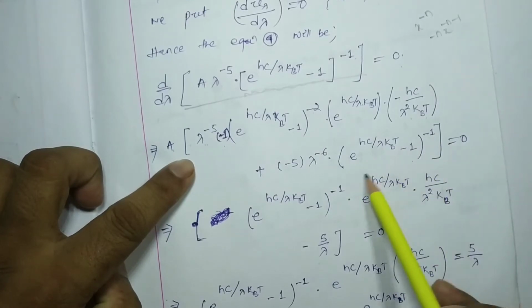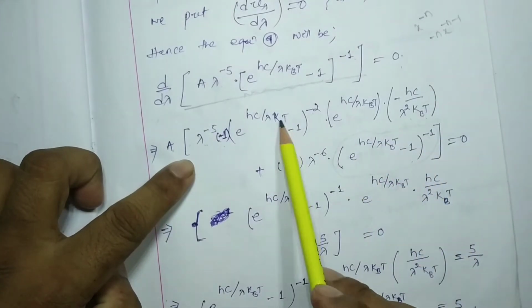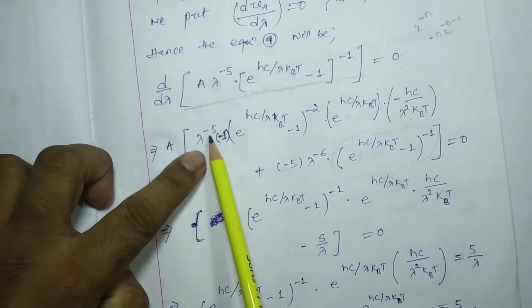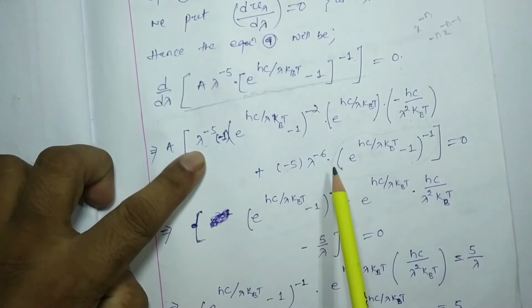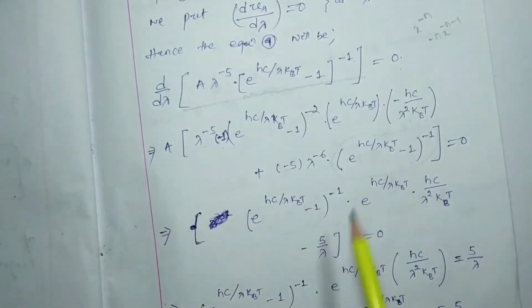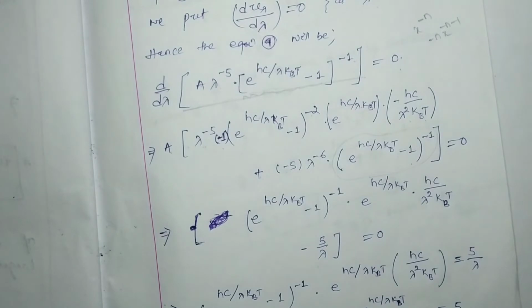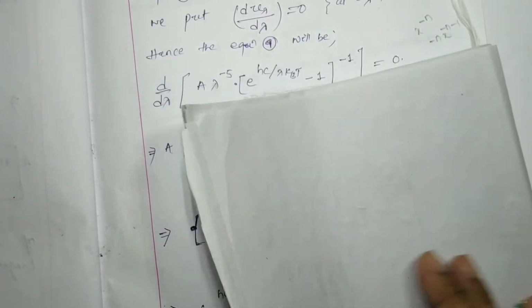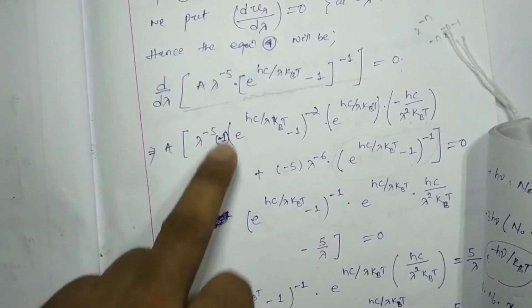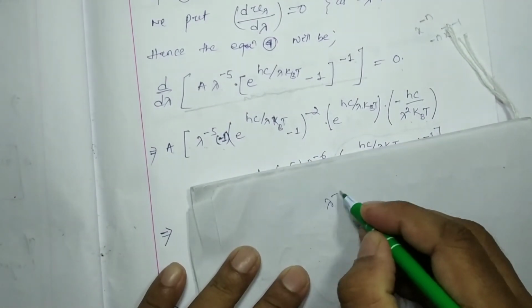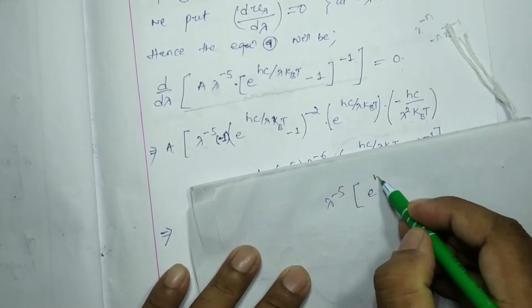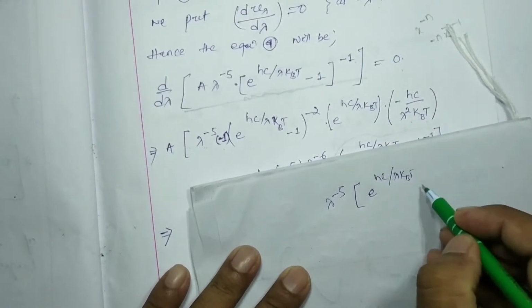This term can be taken common from this and this, and also lambda to the power 5 here and lambda to the power 6 there, so lambda to the power 5 can also be taken common from this and this. So here you can see the terms we can take common from the first and second terms: lambda to the power 5 into e to the power hc by lambda kBT minus 1.